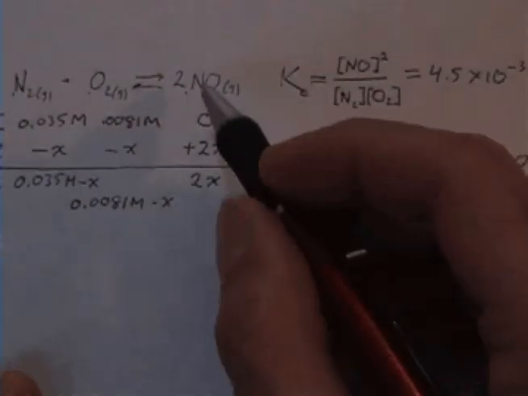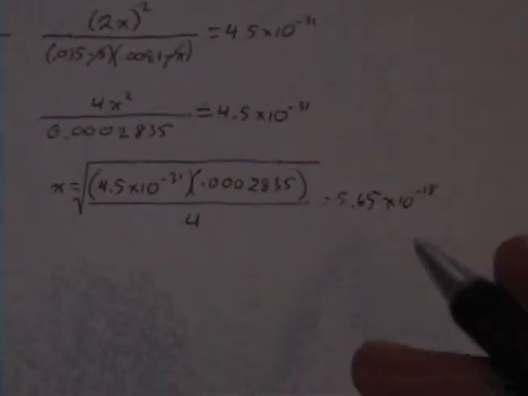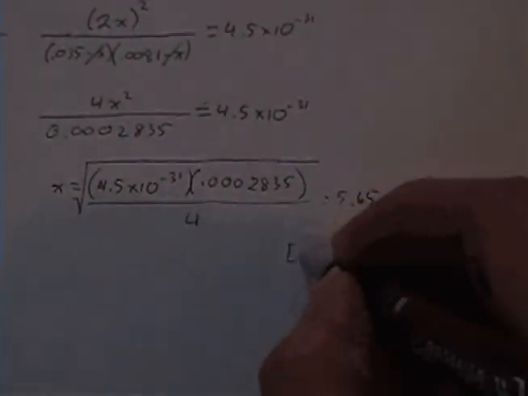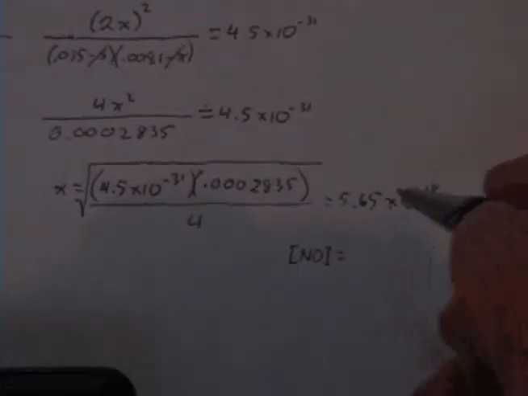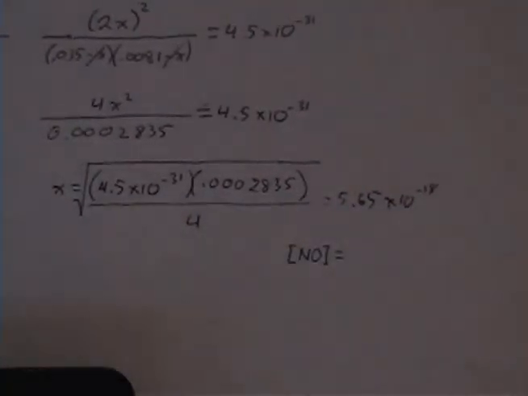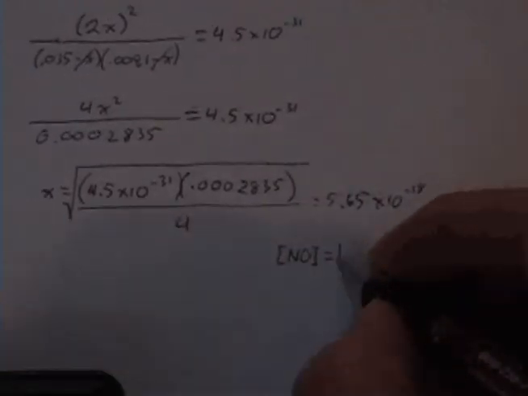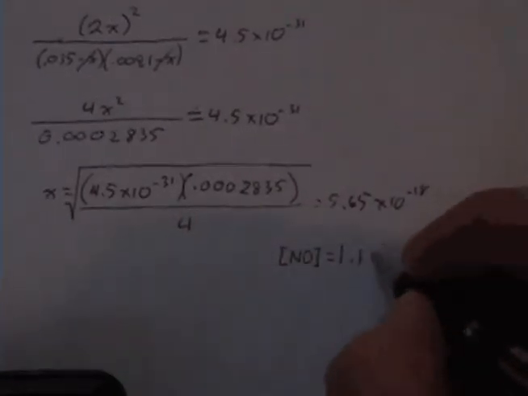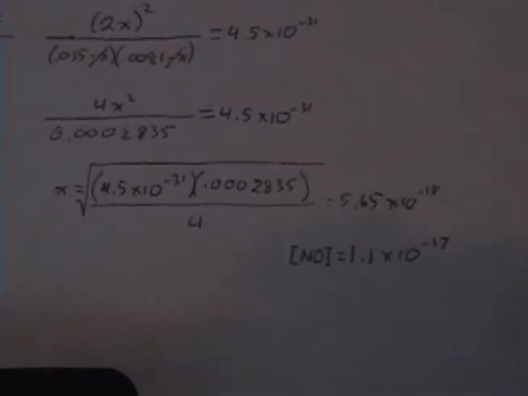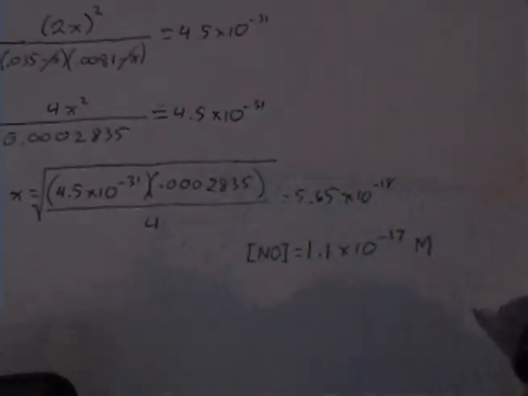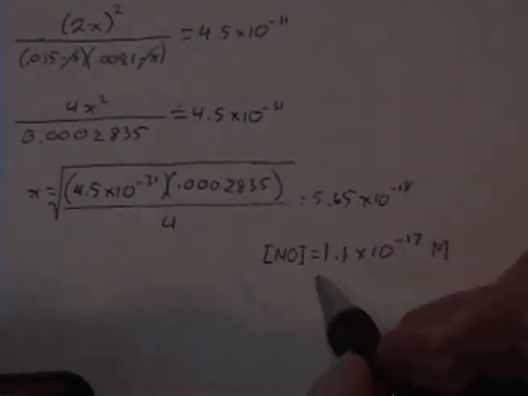If I want to know the concentration of NO, I multiply that by 2. So the concentration of NO at equilibrium is twice this amount, which comes out to 1.1 times 10 to the negative 17th molarity.